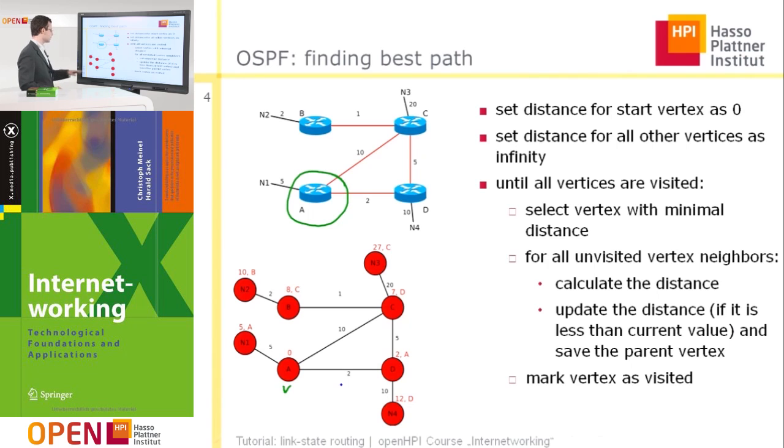Let's now imagine that router A needs to forward a packet to the network N2.